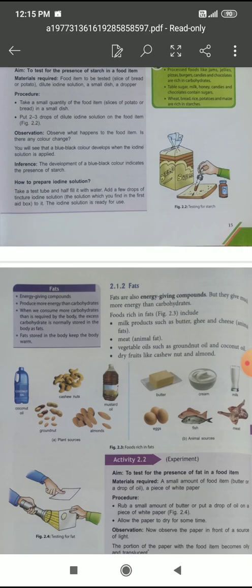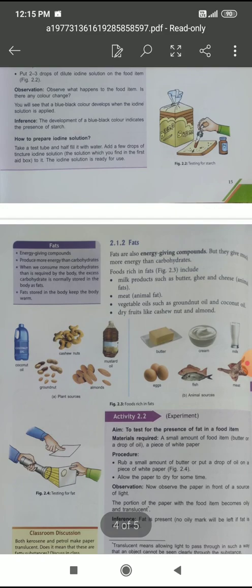Foods rich in fats include milk products such as butter, ghee and cheese, meat, vegetable oils such as groundnut oil and coconut oil, dry fruits like cashew nut and almond. So these are the sources of fats. Children, carbohydrates and fats both are energy giving compounds.